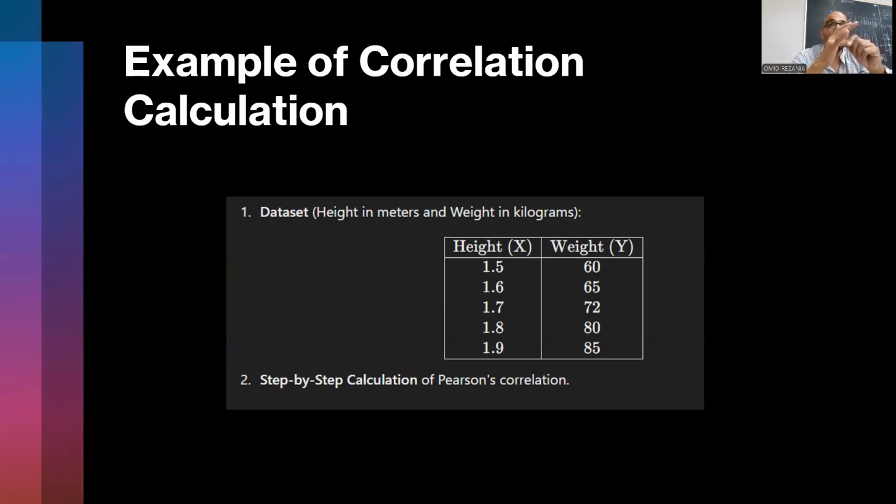Now, what we want to do here is, at this stage, you know how to find the covariance of these two random variables. One random variable here is the height, and the other random variable is the weight.